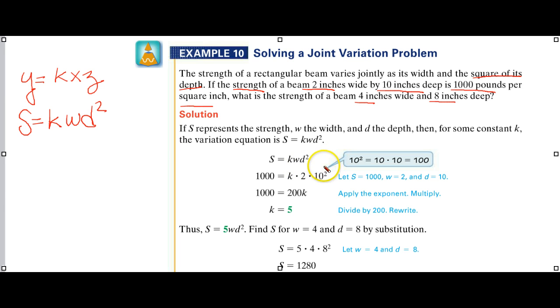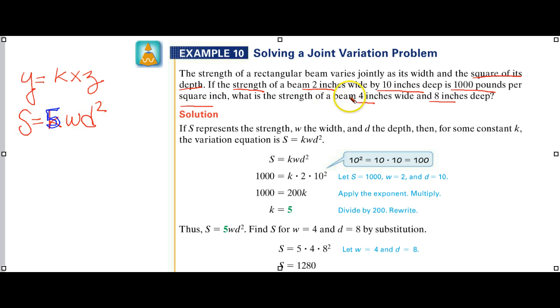And now we substitute 1,000 for the strength, 2 for the width, and then the depth is 10, that's going to be squared. So this is 100 times 2, 200. We find out that K now is 5. So replace the K with the 5, and there's our joint variation equation.